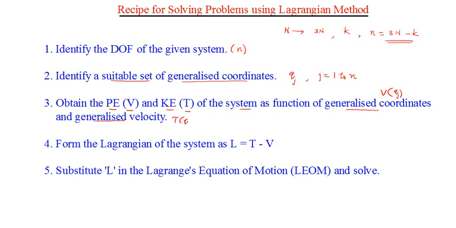Thereafter form the Lagrangian of the system, which is a critical step, as T minus V, where T is a function of qj dot and V is a function of qj. Then the final step: substitute this Lagrangian, expressed as a function of generalized coordinates qj and generalized velocities qj dot, in the Lagrange's equation of motion for the particular system, and then just solve it. Analytically you can find the solution to that differential equation.